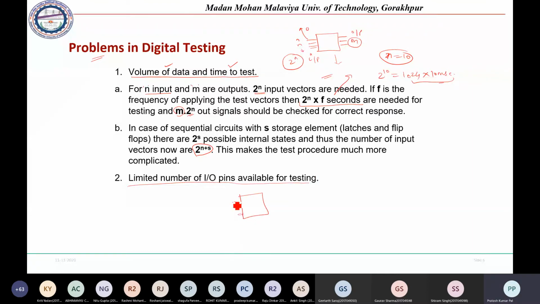For a 50 pin chip, only some pins are available for testing, one or two, a very limited number of pins used for testing. So it is very difficult to test a particular circuit. These are the different problems that we face generally.